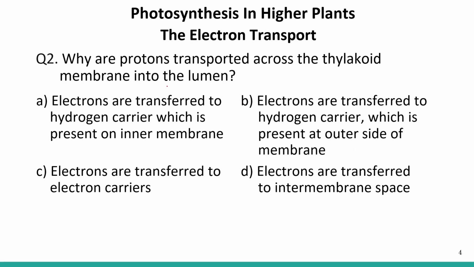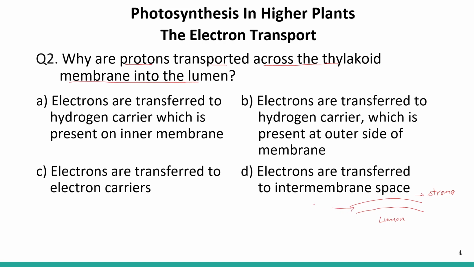Now let's move on to the next question, which is: why are protons transported across the thylakoid membrane into the lumen? Okay, we already know that. Suppose this is the thylakoid membrane. Here outside we have the stroma. And this is the lumen of the thylakoid.